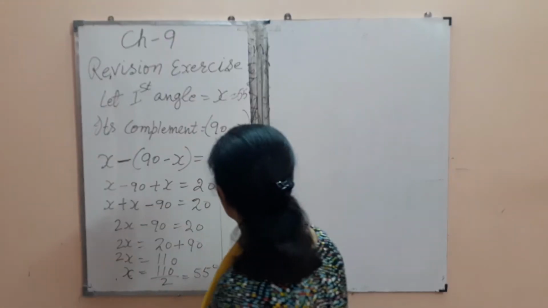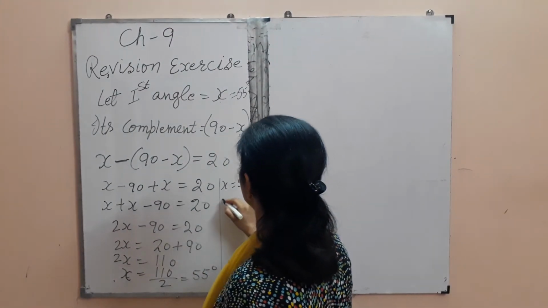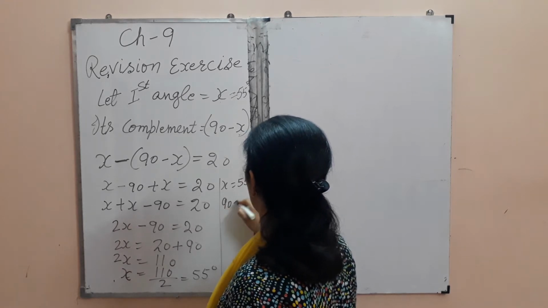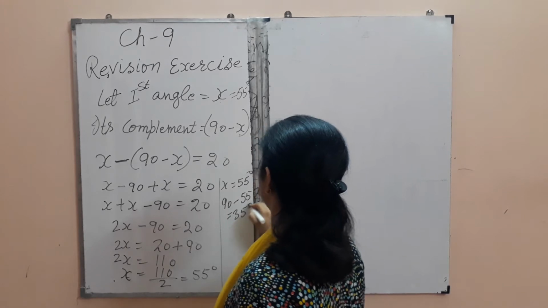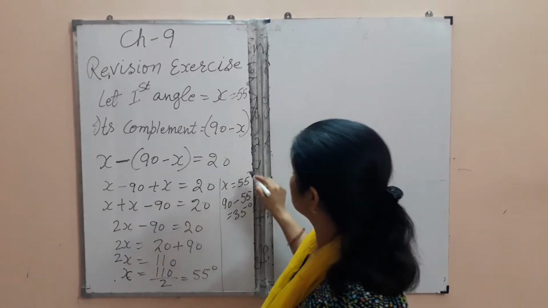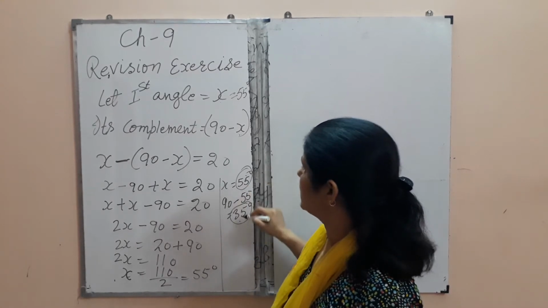So two angles are x equals to 55 degree and second is 90 minus 55 equals to 35 degree.